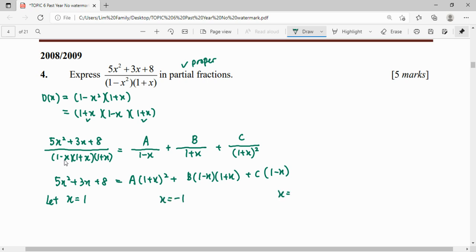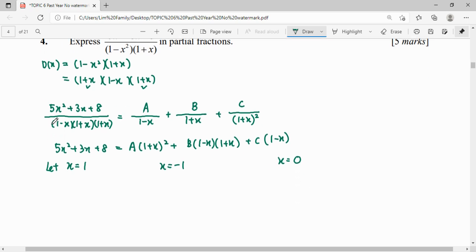For the other x, if we don't have any choices from the factors, we can use a random number, a number that makes it easier to calculate. So I will choose 0. The best selection will be from the roots, which are 1 and negative 1. If we have no more choice, we use a random number. Then we substitute x into our equation to find A, B, C.